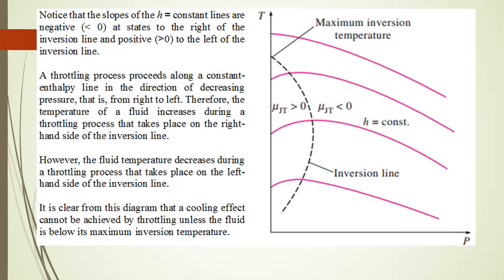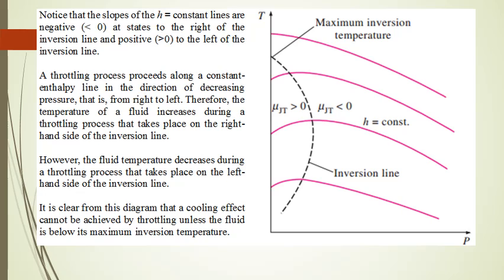However, the fluid temperature decreases during a throttling process that takes place on the left hand side of the inversion line. It is clear from this diagram that a cooling effect cannot be achieved by throttling unless the fluid is below its maximum inversion temperature.